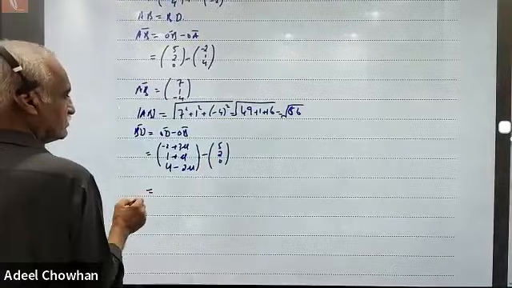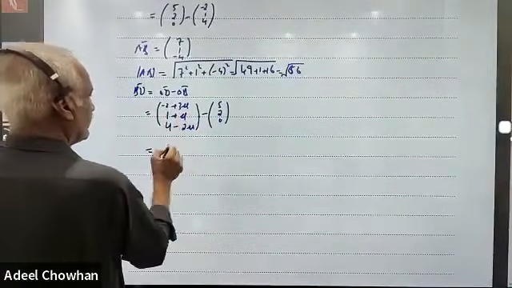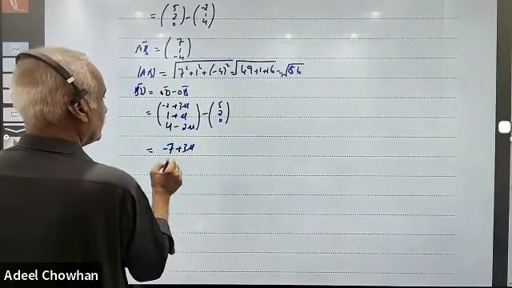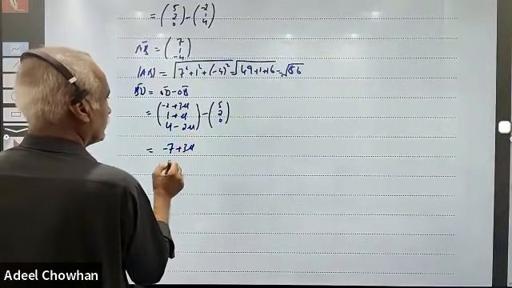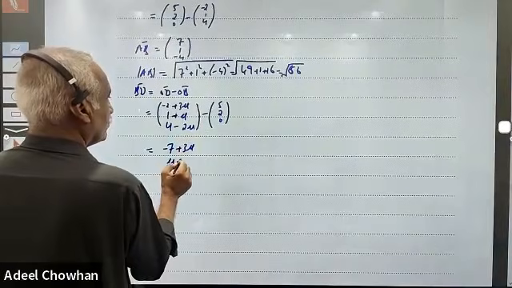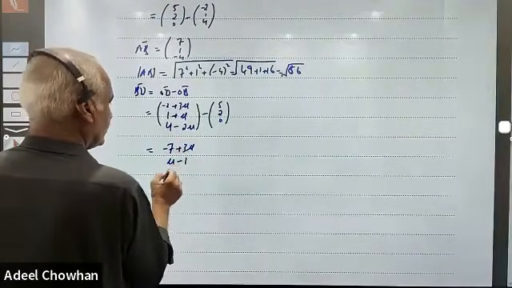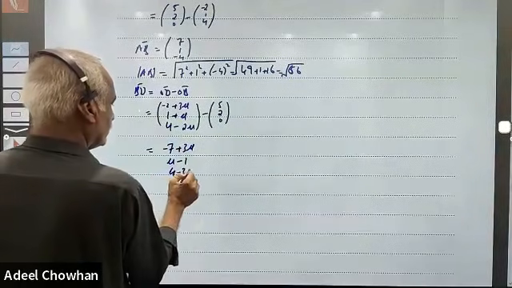So this becomes minus 7 plus 3 mu, mu minus 1, and 4 minus 2 mu.